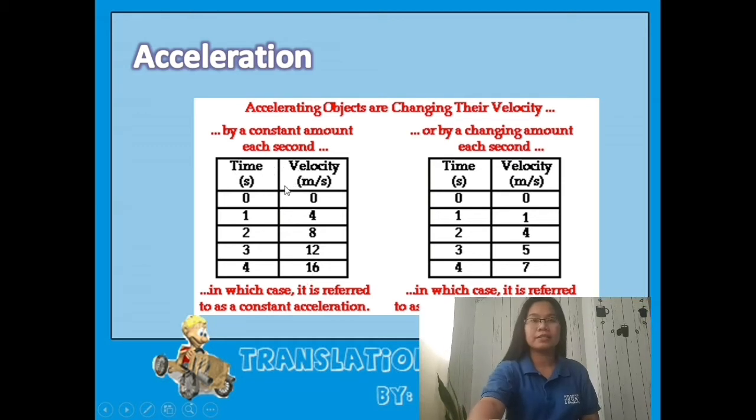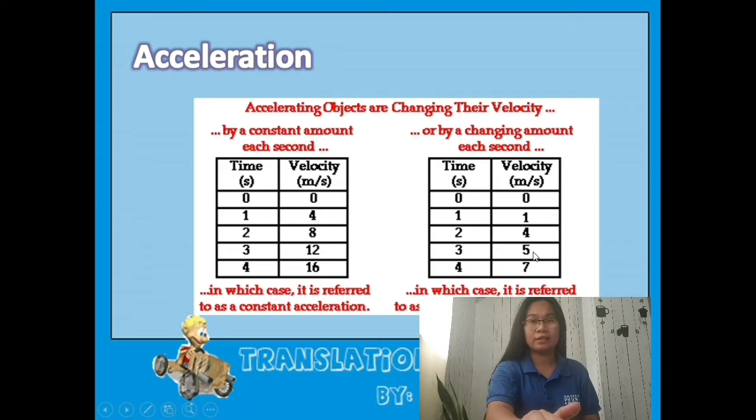Okay, now looking at the next examples, for this one we have 0, 4, 8, 12, and 16. So it's still a constant acceleration because you're adding 4 meters per second. However, in this one we have 0. After 1 second, it became 1 meter per second.